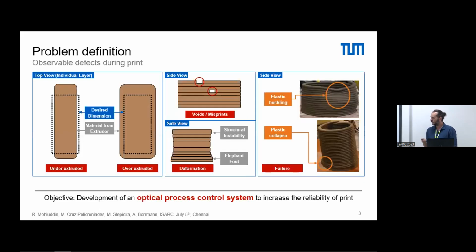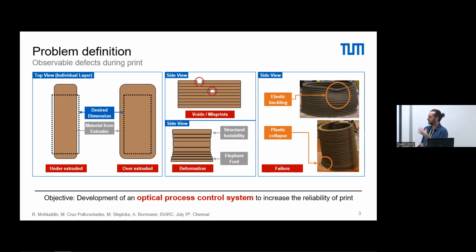To give a little bit more background, here's a bit of problem definition. We have a lot of parameters that we have to set for the process: the extrusion rate, a certain nozzle size, layer height, and a lot of things. We also have different material properties, and the climate affects the printing.